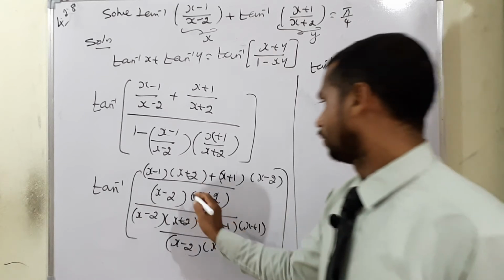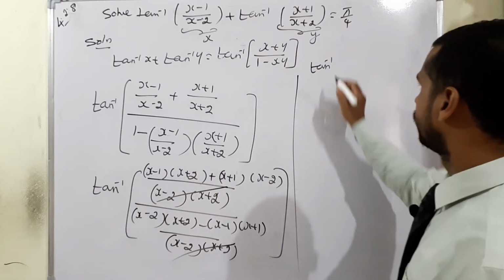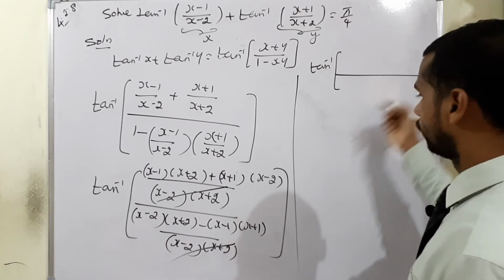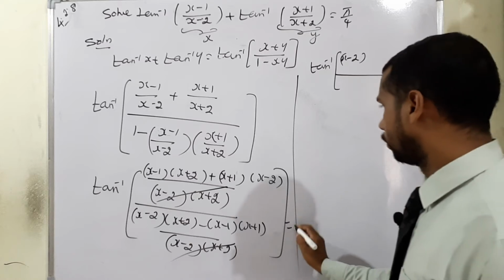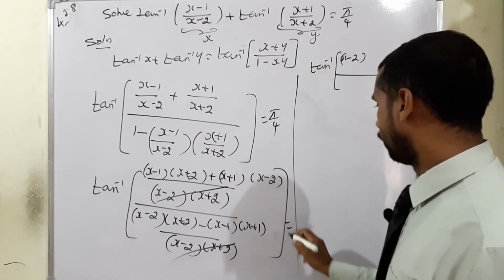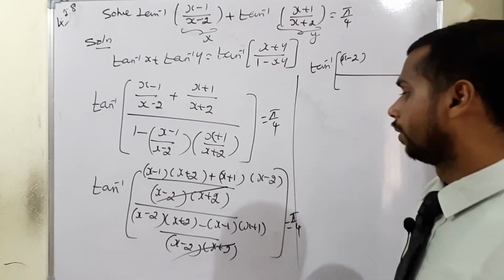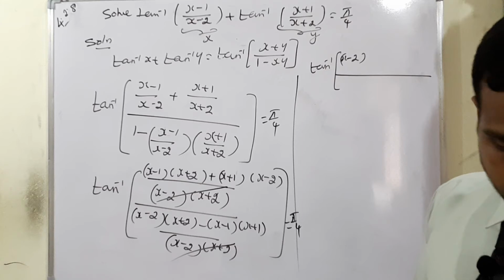The common denominators cancel, remaining tan inverse of the expression is equal to pi by 4. Bring tan to the opposite side, so tan pi by 4 will come.